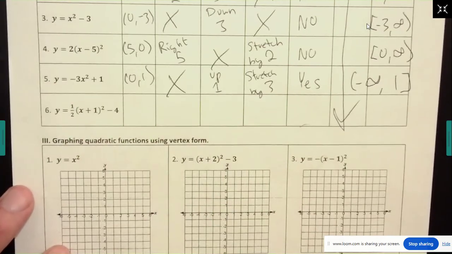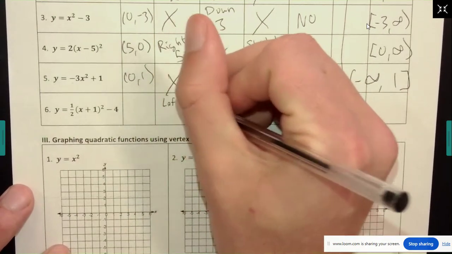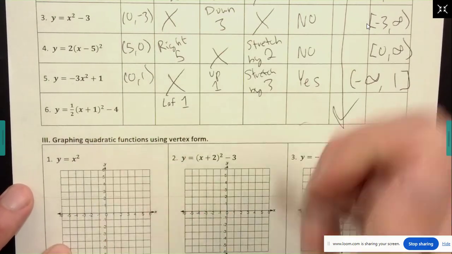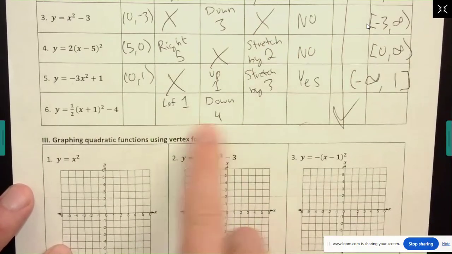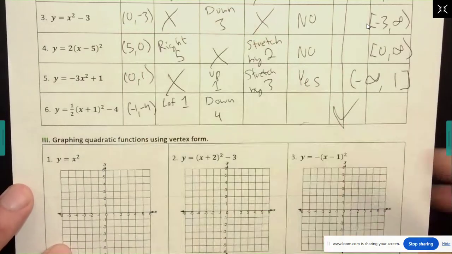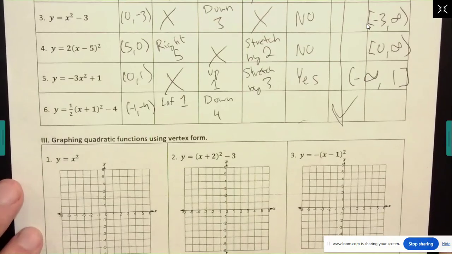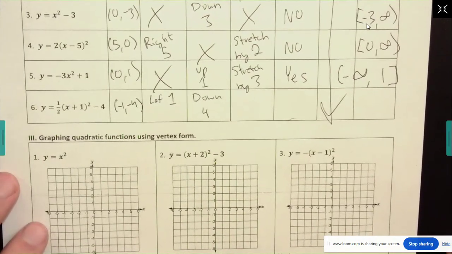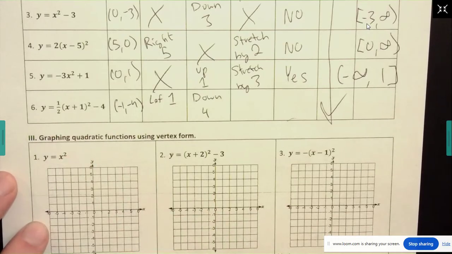All right, this +1 on the inside tells me I moved left 1. This -4 on the outside tells me I moved down 4. So if I start at 0, I go left 1 and down 4. I have a vertex at -1, -4. All right, dilation, compression. Well, I have a 1/2 out in front. 1/2 is between 0 and 1.